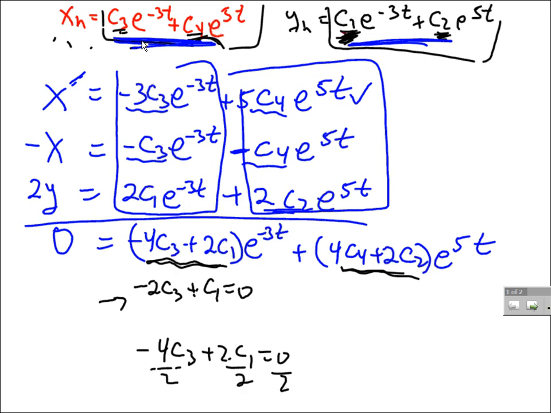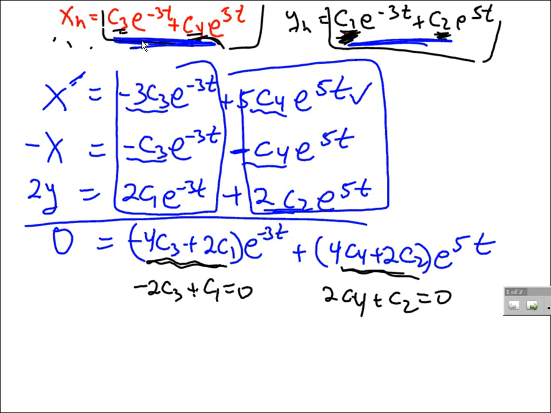I'm going to do the same thing here. That equals 0. Dividing by 2, I get almost that. I get 2c4 plus c2 is 0. And this is where I get my relations from.